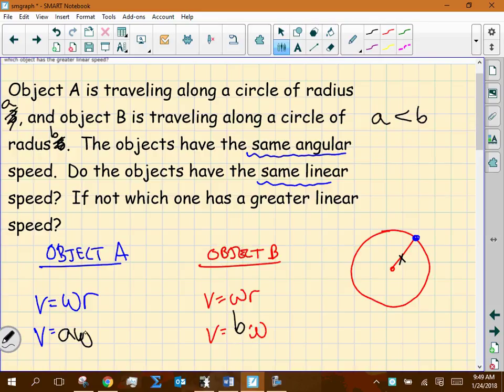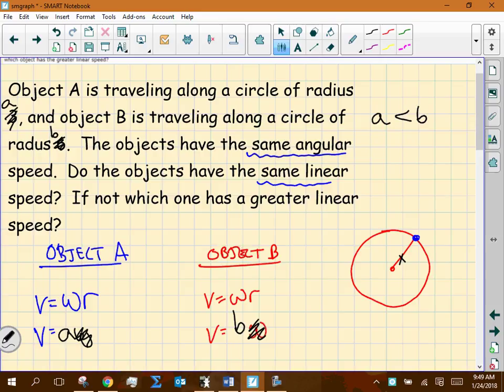Again, the omegas are going to cancel out. It's a common factor for both. So then the linear velocity of object A is predicated off of lowercase a, and the linear velocity of object B is predicated off of lowercase b, and we know lowercase a is less than lowercase b, right? So object A's linear velocity is always going to be less than object B's linear velocity if object A is closer to the center of the circle.